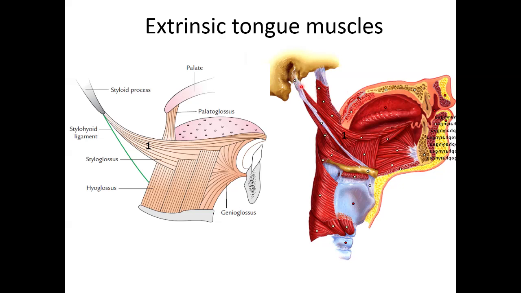Here it is styloid process, and number 1, that's why is musculus styloglossus. Then number 2, it's hyoid bone, so number 2 is musculus hyoglossus. And then number 3, here number 3 is musculus genioglossus. 3 extrinsic muscles of the tongue.